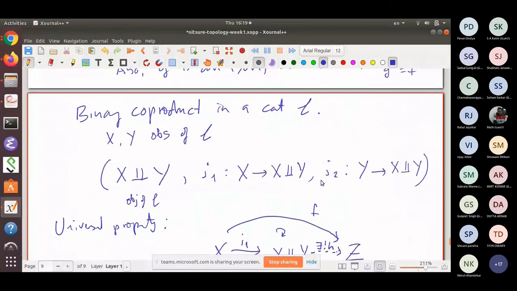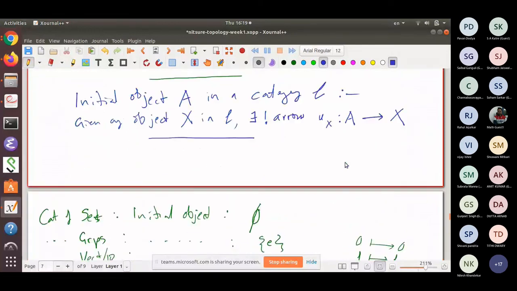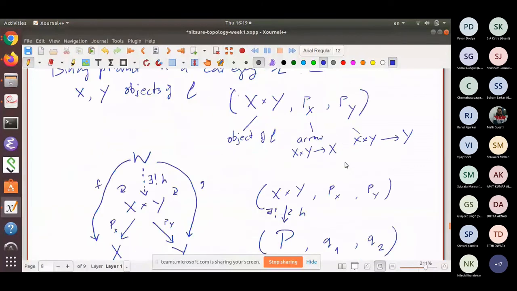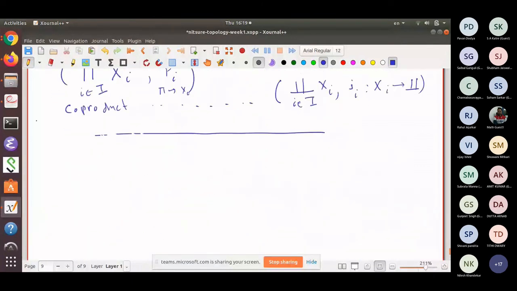And now, as we have only 10 minutes left, I want you to tell me what are the binary products and the binary coproducts in all these categories. So let's take the category. Okay, now it's examples.